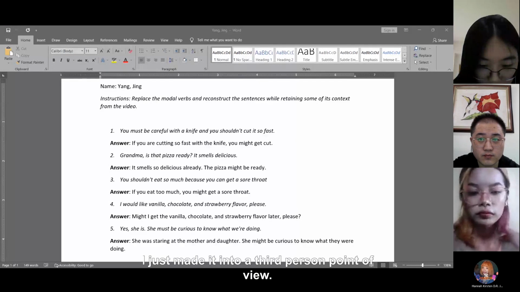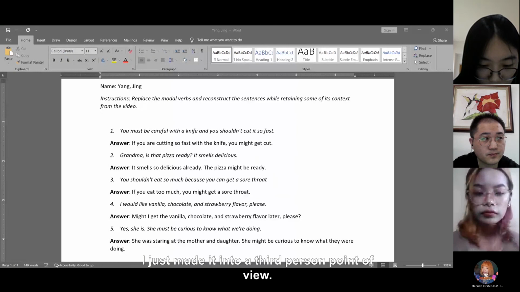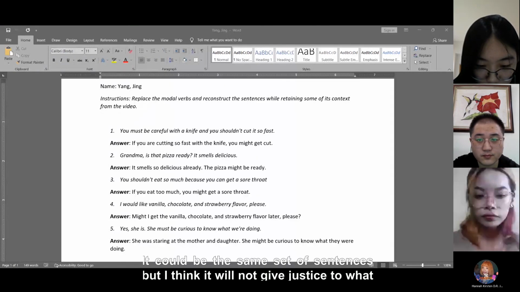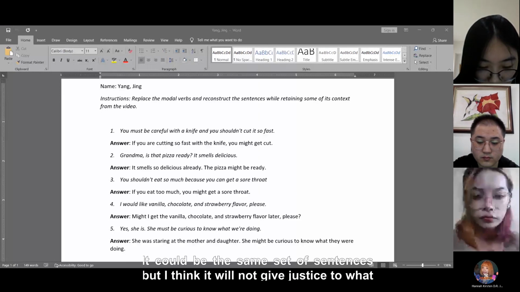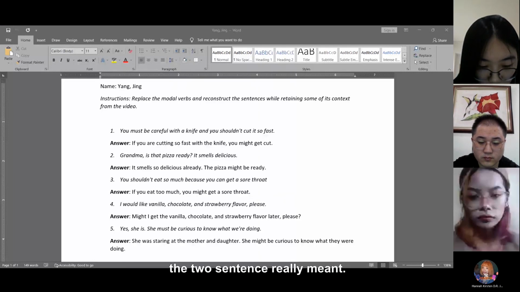I just made it into a third-person point of view. It could be the same set of sentences, but I think it will not give justice to what the two sentences really mean.